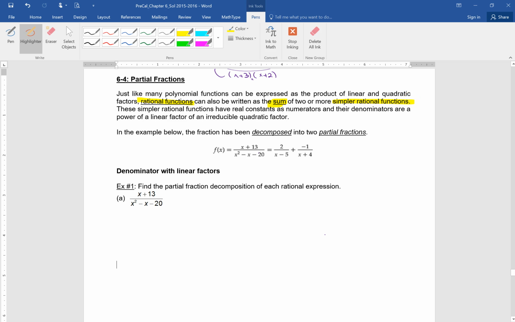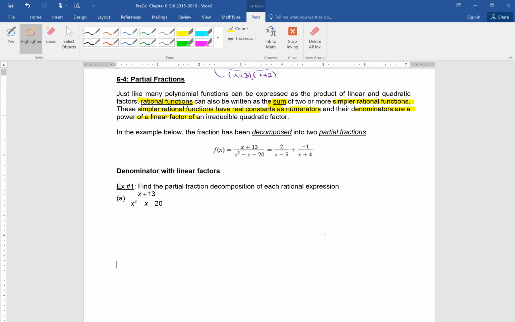So if I have this complicated fraction, I can break it down into the simpler fractions from where that came. That's what we're going to be doing here. Now, these simpler rational functions have real constants as their numerators, and their denominators are linear factors or a quadratic factor. We'll come to that.